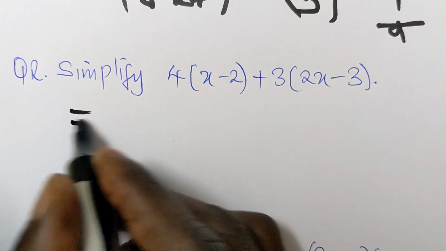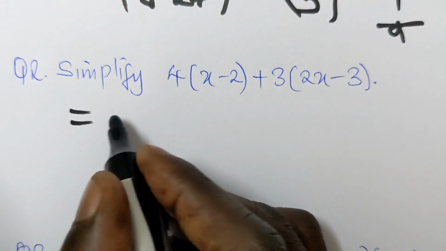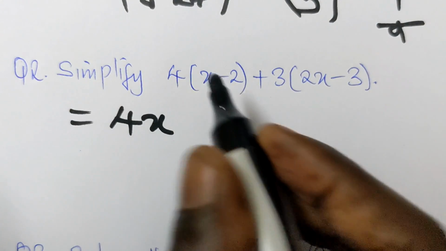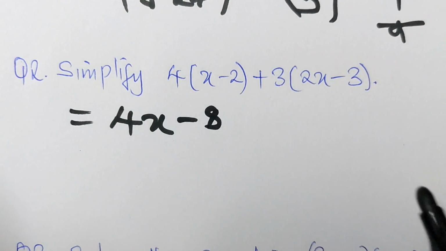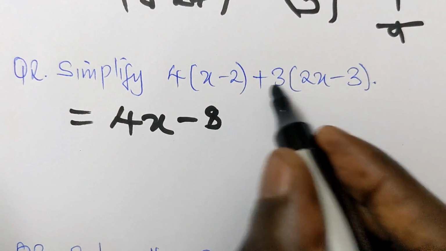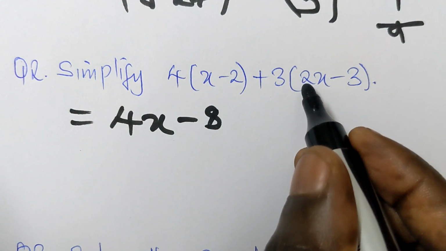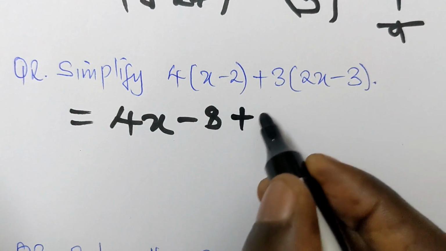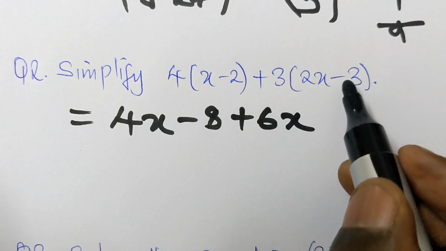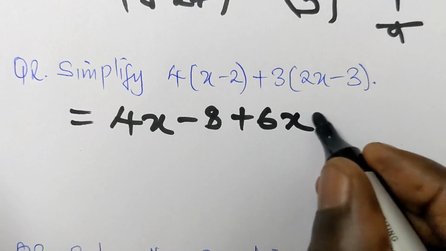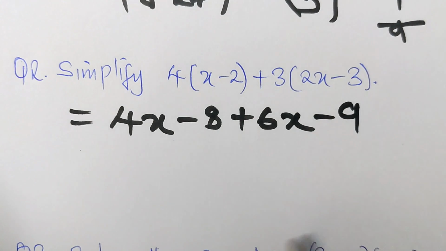So 4 times x gives 4x, then 4 times negative 2 gives negative 8. Then positive 3 times positive 2x gives 6x. Then positive 3 times negative 3 gives negative 9.